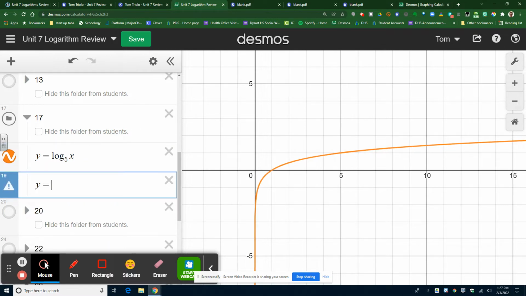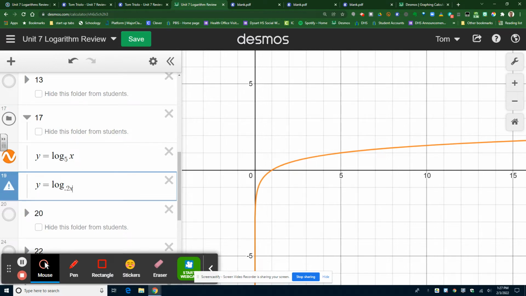Y equals log base 0.2 of x. They look like they're what? Yep. Is there another way I can reflect things besides messing with the bases? Look at that. So guess what?